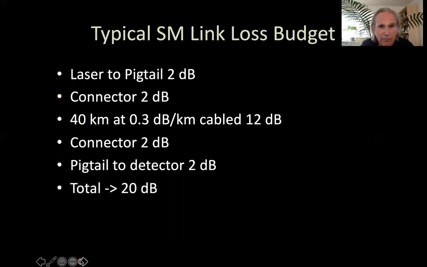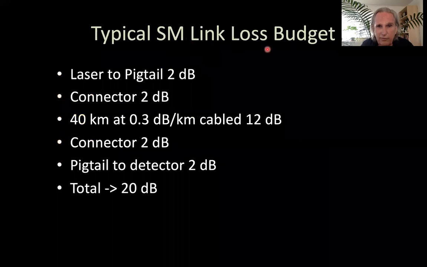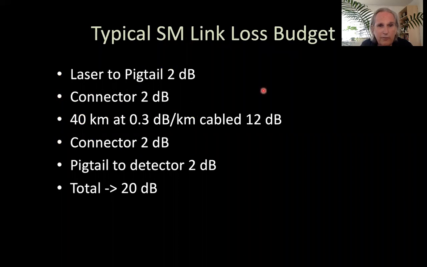So just taking a quick look over here, a typical single mode link loss budget, you have a couple of dBs that you lose from the laser to the pigtail. If you buy a pigtailed laser, good luck getting much more than 2 milliwatts out of it, no matter how strong the laser is.